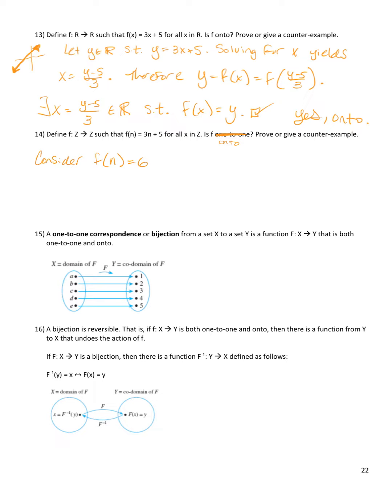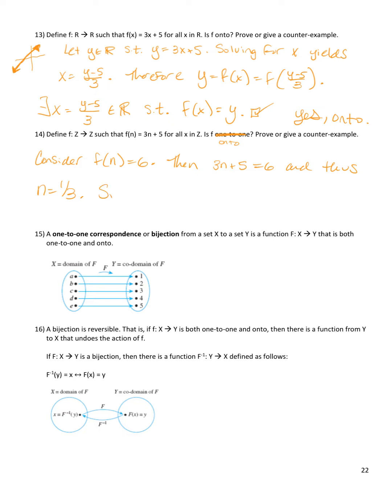So if f of n equals 6, then 3n plus 5 equals 6, and thus n would have to equal 1/3. So 1/3 is what you would have to plug into the function f in order to get an output of 6, but 1/3 is not an element of the domain, right? Because the domain is integers.